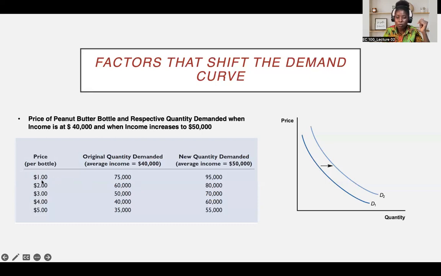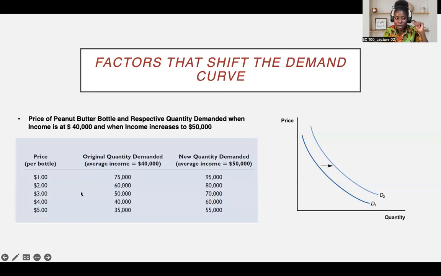If price is $1 per bottle or jar, 75,000 units are being bought by students on campus. If the price increases to $2, 60,000 will be bought.